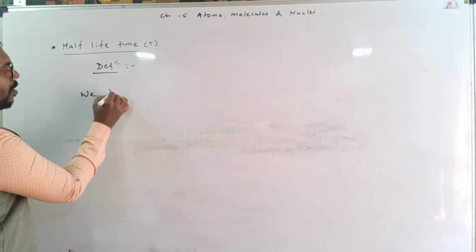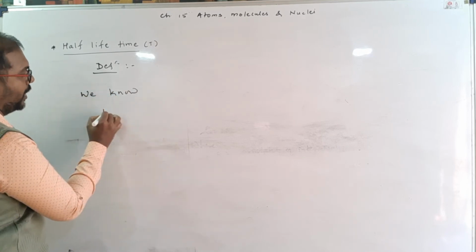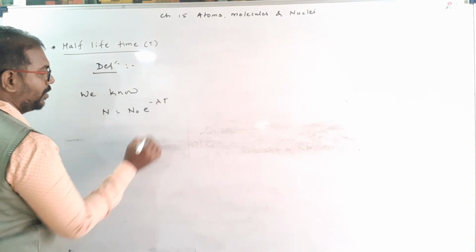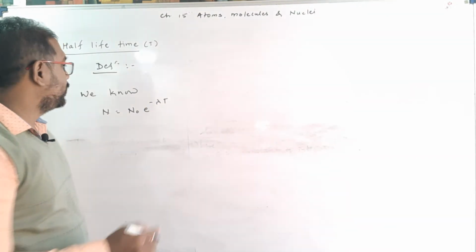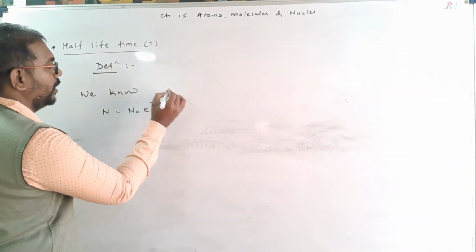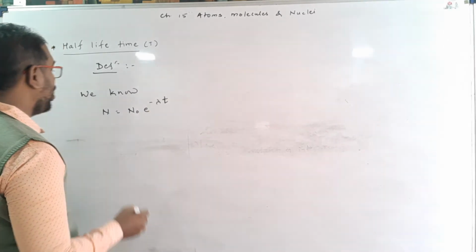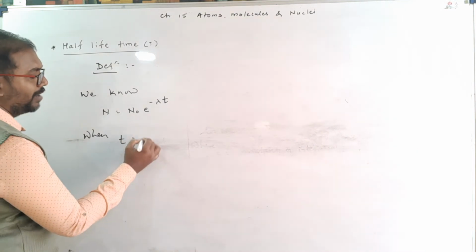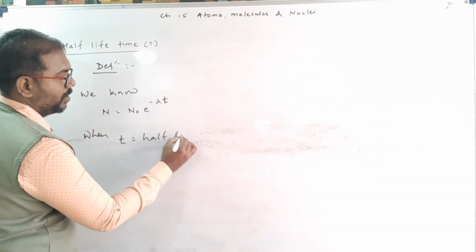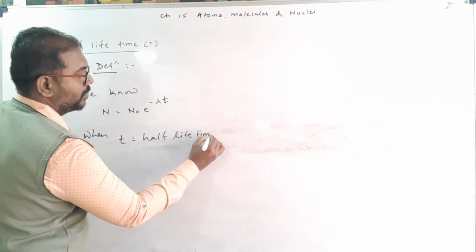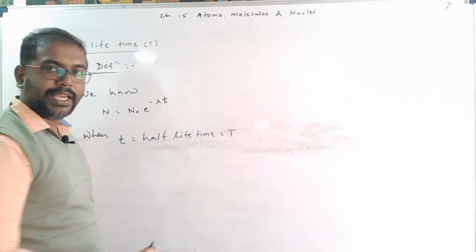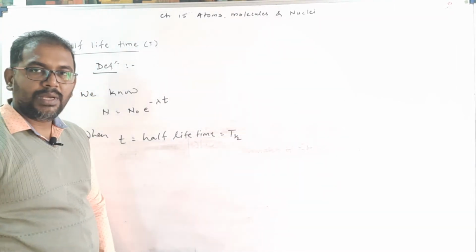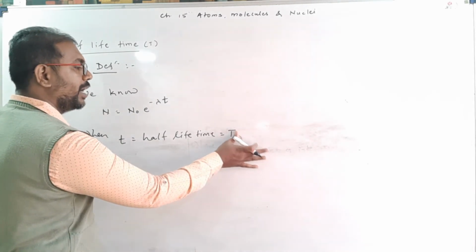Now we know the formula n is equal to n0 e raised to minus lambda t, that we already proved. When I consider the time equal to half-life time, let me represent half-life time by capital T. We can represent it as T 1 by 2 also, but for simplicity I use the symbol capital T only.